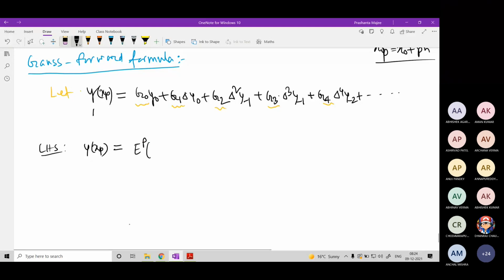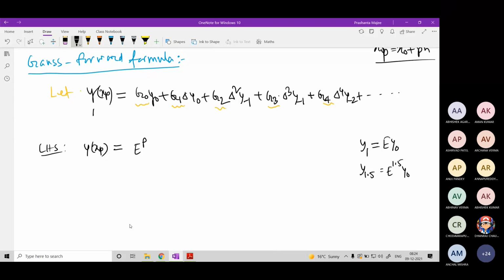Tell me again, what is y of x_p? E power p operated on something. What is y1 in terms of the shift operator? E of y naught. What is y of 1.5? E power 1.5 of y naught.